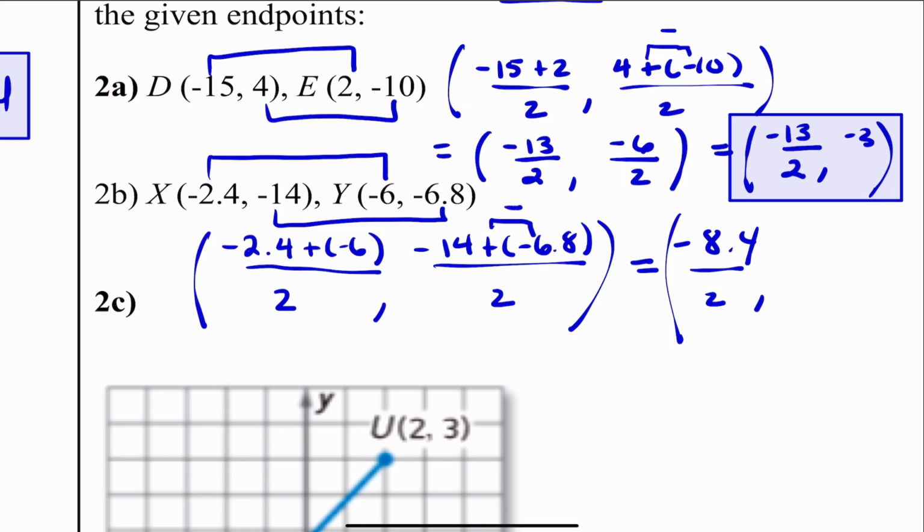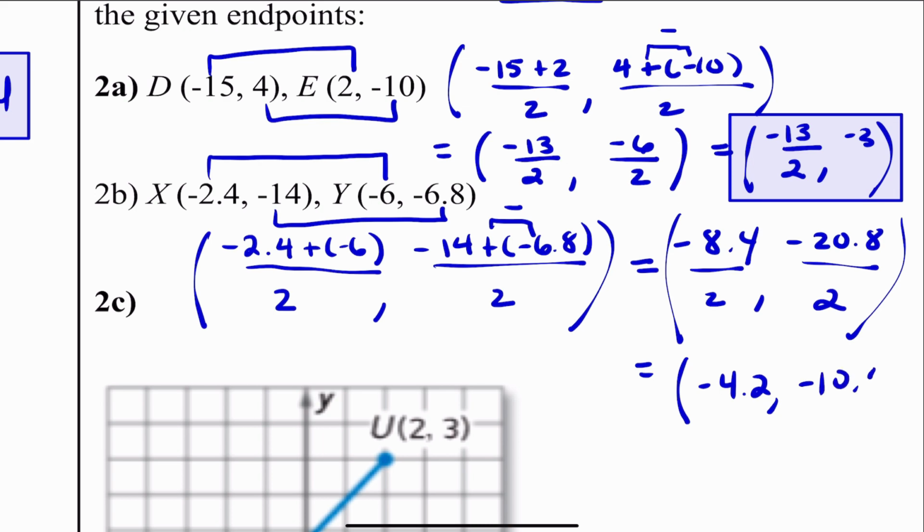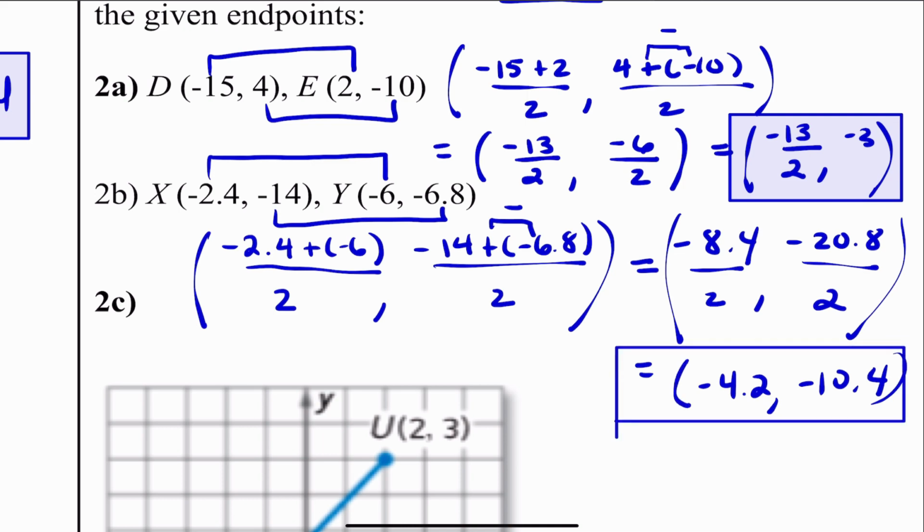This is going to become a negative, right? So negative 14 minus 6.8 is negative 20.8 over 2. So then I'm going to reduce this because negative 8.4 divided by 2 is negative 4.2, comma, negative 20.8 divided by 2, negative 10.4. Okay, that's my answer.